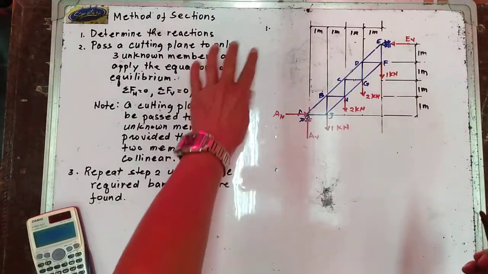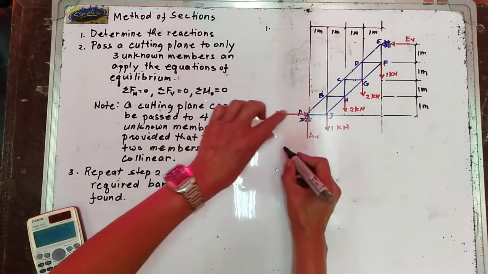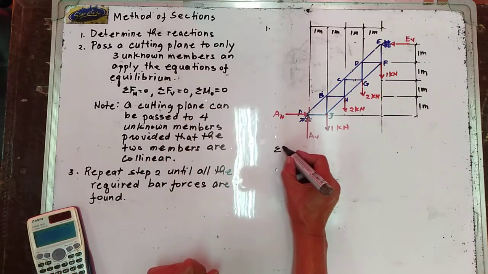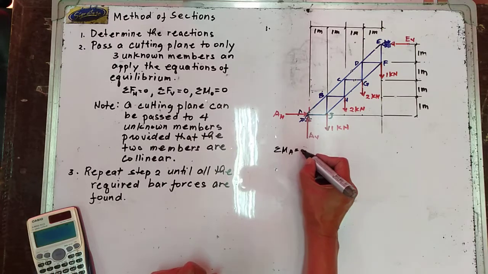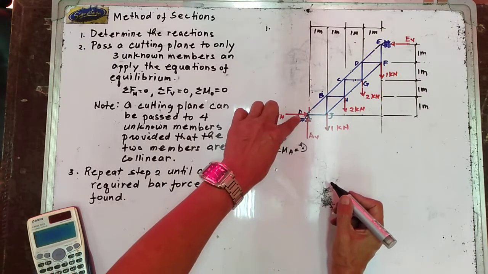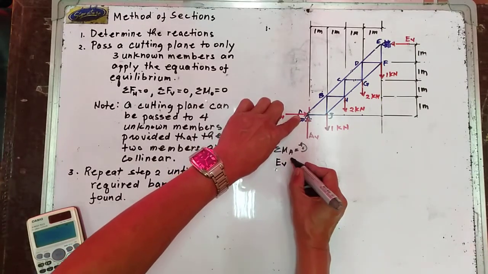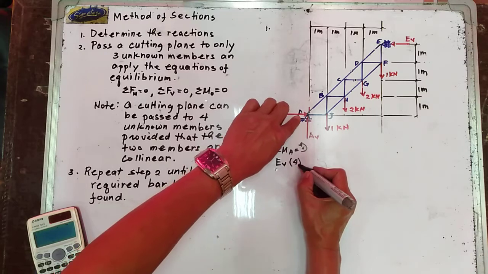Okay, so let us repeat problem number 1. If you take summation of moment about A equal to 0, counterclockwise moment positive, we have your E vertical, multiply this one by 4.